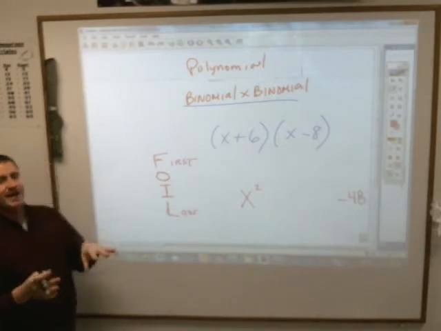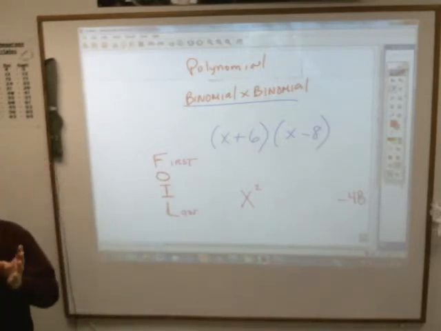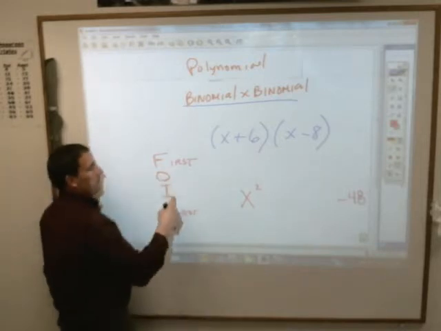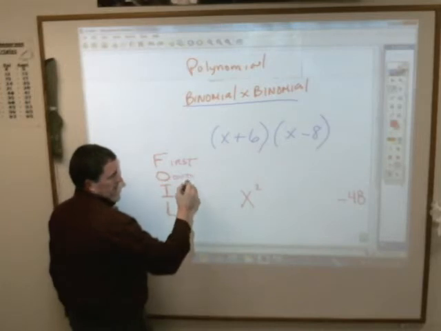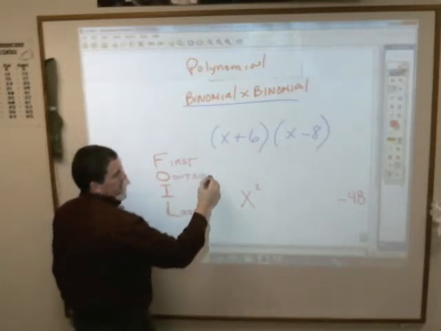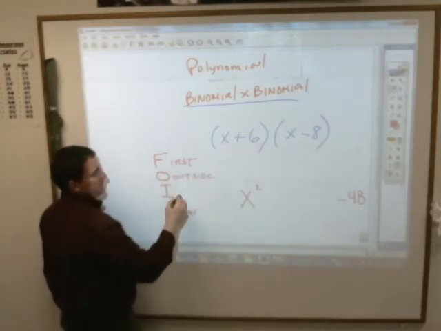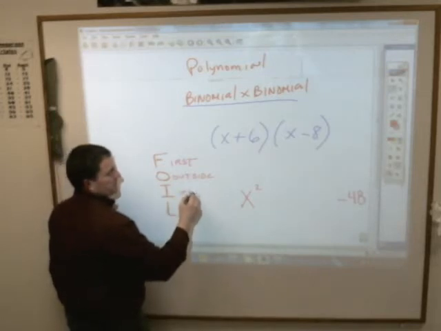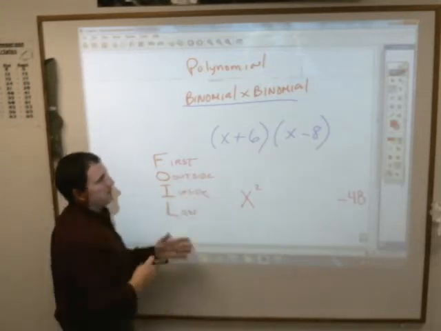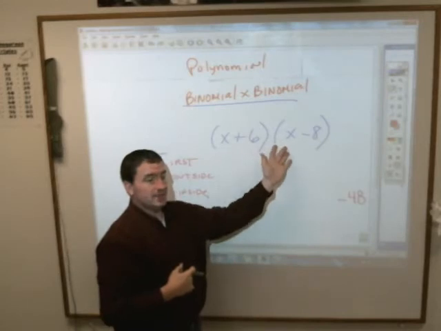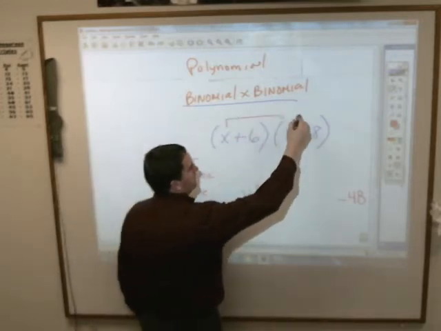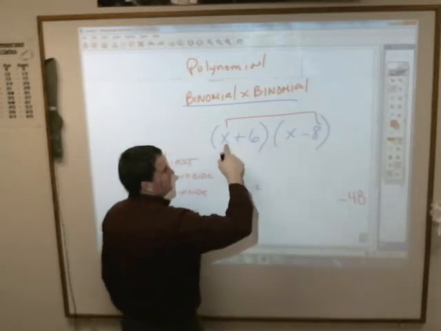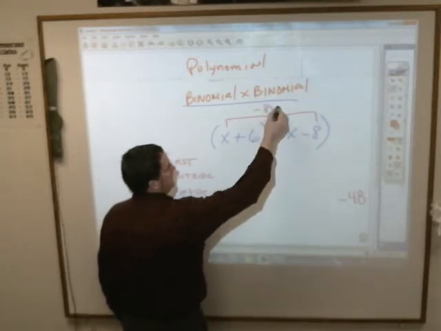Now, the complicated part is what you get for your middle term. The middle term comes from when you add together the outside terms and put that together with the inside terms. As long as it's a binomial in this form where they have the same first starting letters, when you multiply the two outside terms together, what is negative 8 times x? Negative 8x.